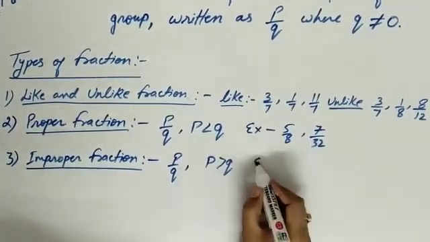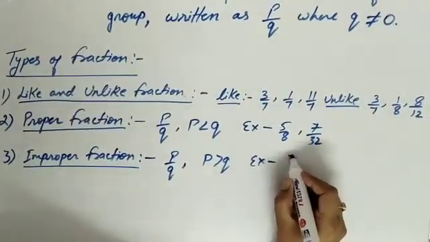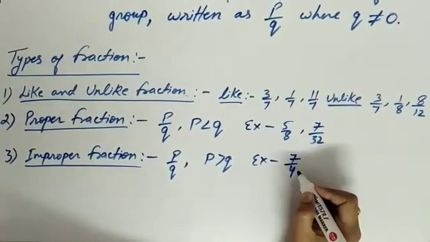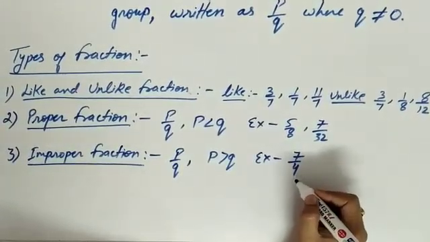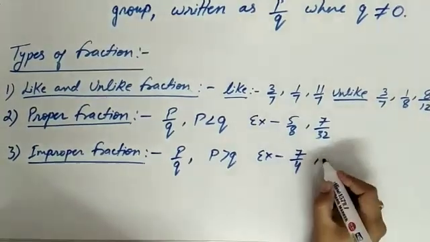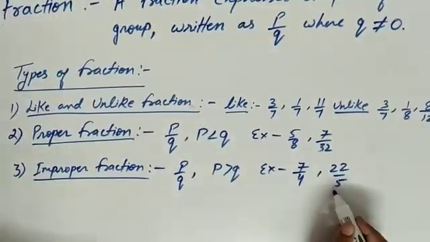An example of this will be, say, 7/4, where the numerator is bigger than the denominator. Then I can have 22/5. These fractions are called improper fractions.